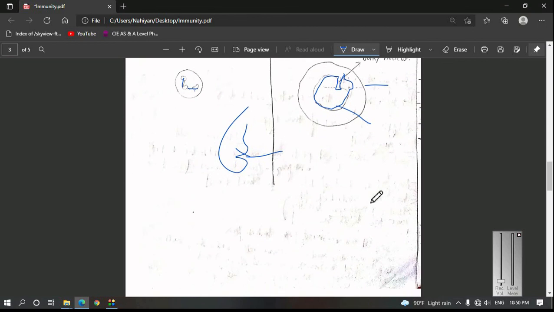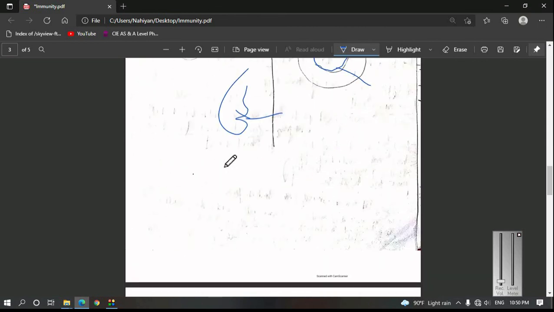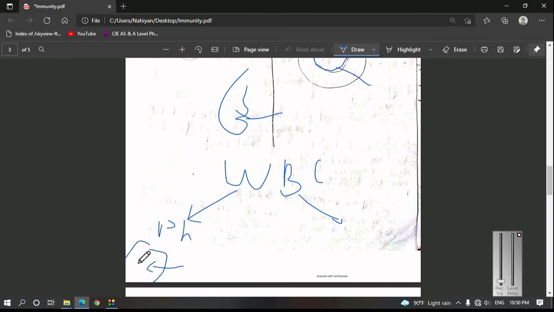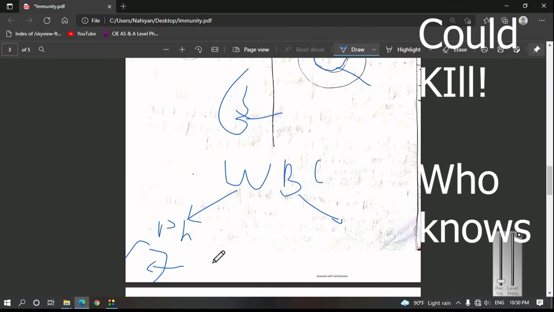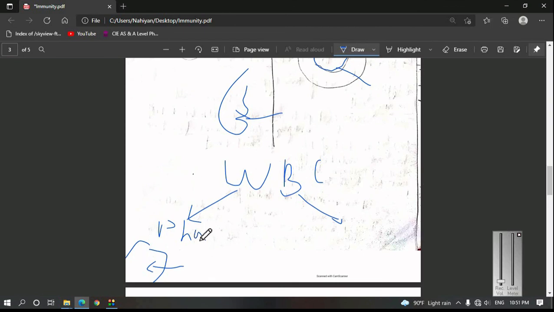So moving on. As we know, white blood cells are of two types. One is the phagocytes, which take in the materials and destroy them inside. The other is the lymphocyte, which is not directly attacking.